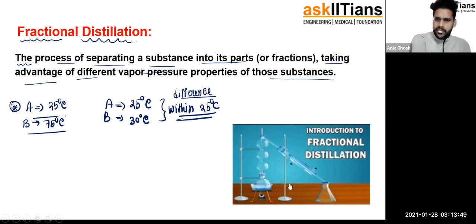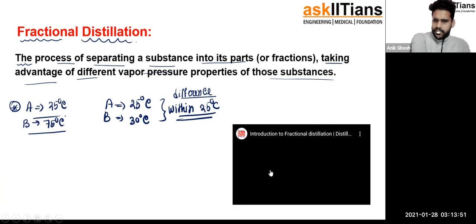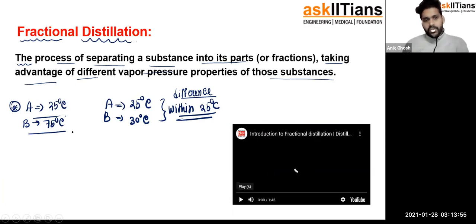If we heat A, B would also get heated a little, and that process is not applicable anymore. So we need to think about something else. That is fractional distillation. Let's see.